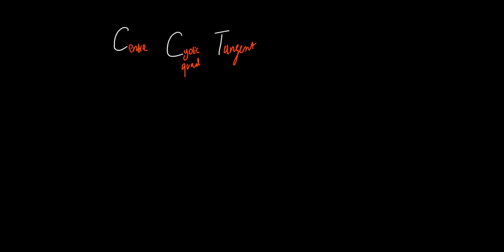Now, usually for tangents, remember there are three, but then there's that one that says tangents from the same point are going to be equal to the point of tangency. You're familiar with that one, right?